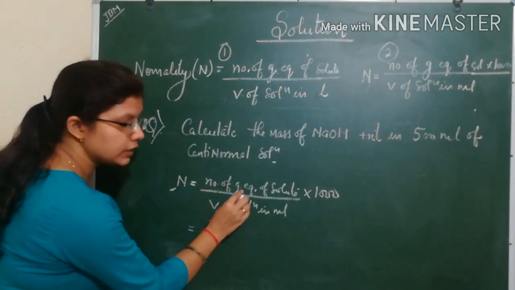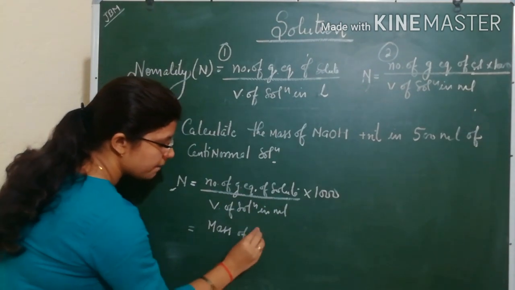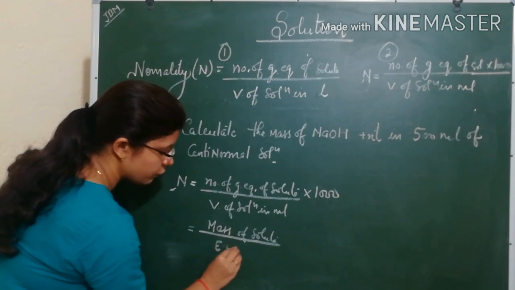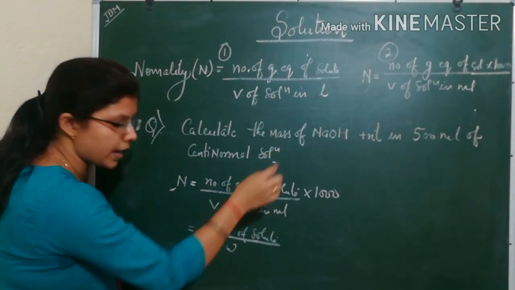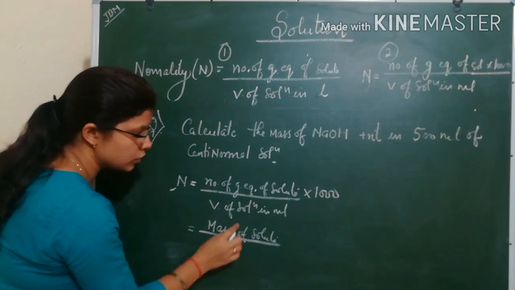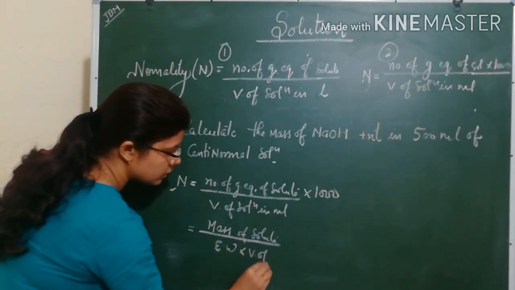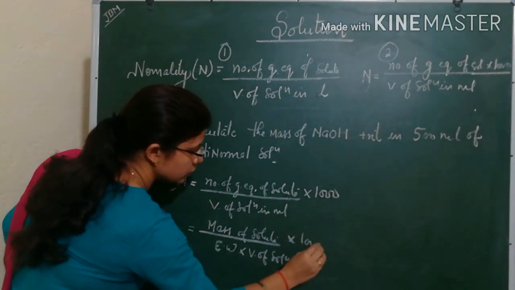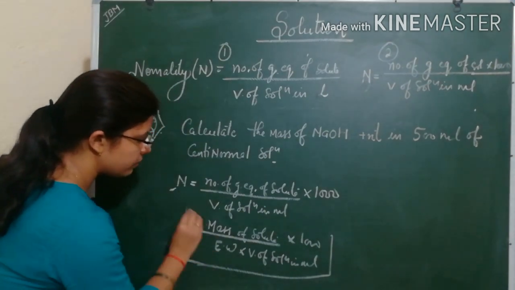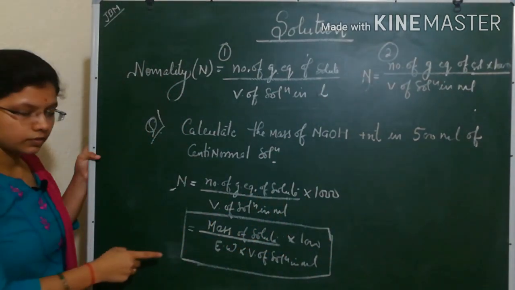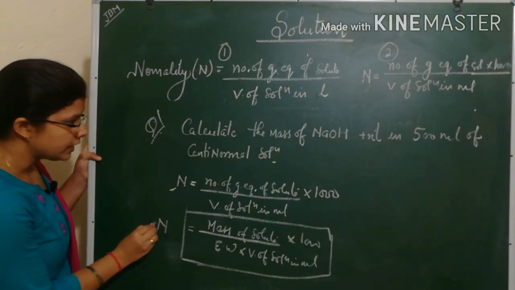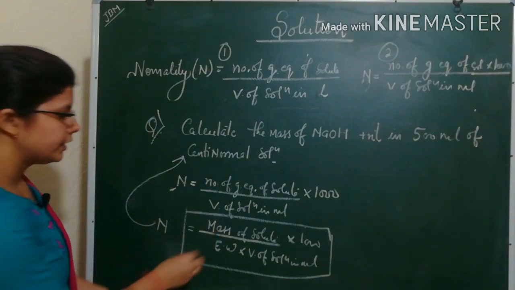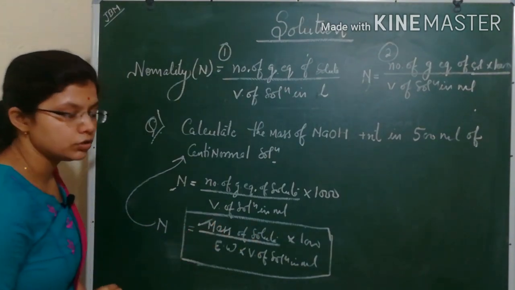How can we calculate the number of gram equivalent of a solute? Mass of a solute divided by equivalent weight of a solute. Solute means sodium hydroxide here. So this formula we can write as volume of a solution in milliliter into 1000. So the above formula we can write like this also. Right? Now this formula is used here. You have to calculate the mass of a solute.